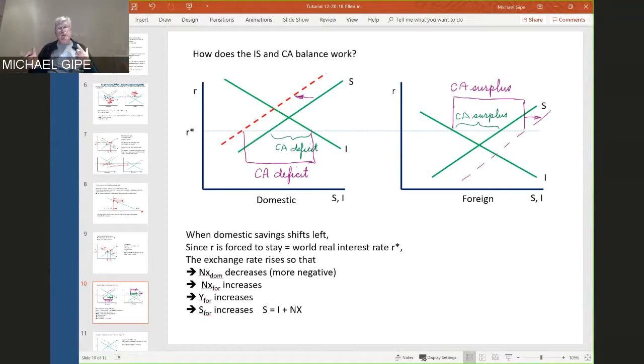And so that's how those things are kept in balance. The current account deficit is balanced out with the current account surplus in the foreign economy at the same world interest rate.